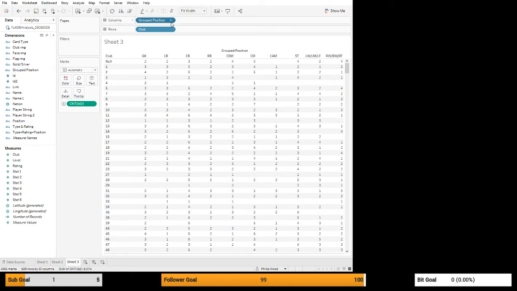Okay, if I move that, sort that. So now we can see for each club how many players there are in each position.